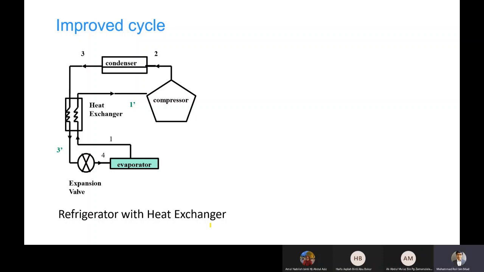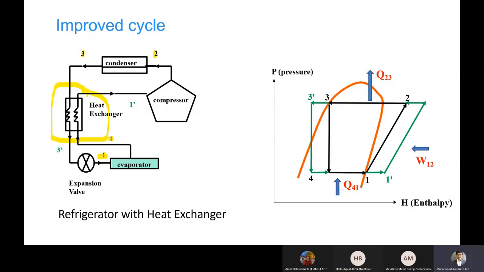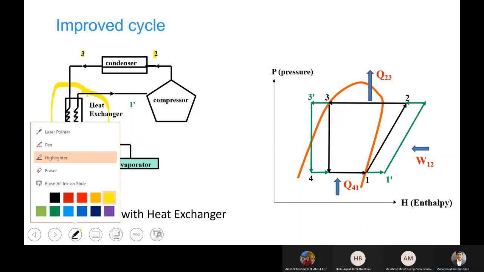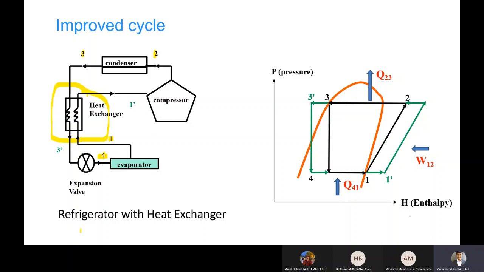The improvement is done by adding a heat exchanger unit. So this is a new term. Normally we have points 1, 2, 3, 4. So this is the original point.